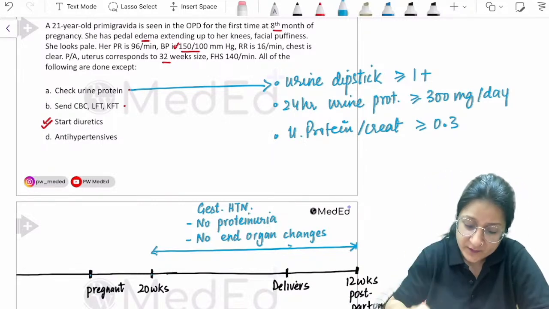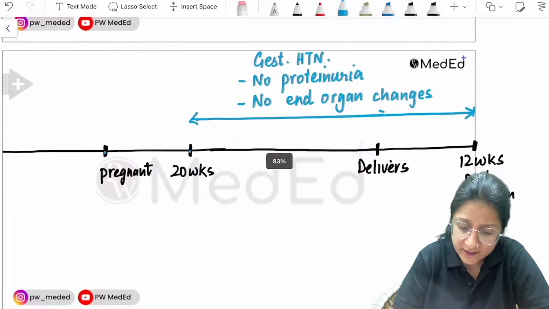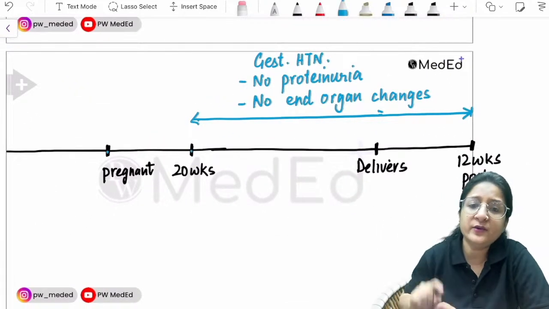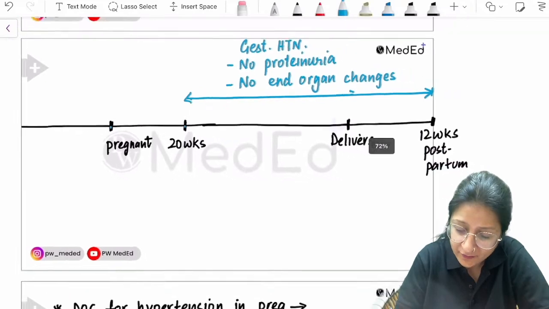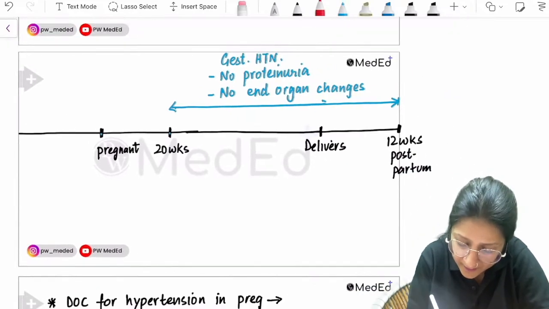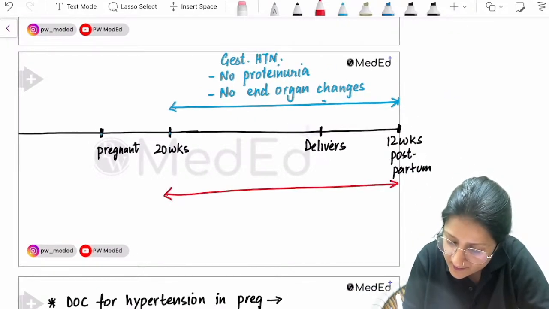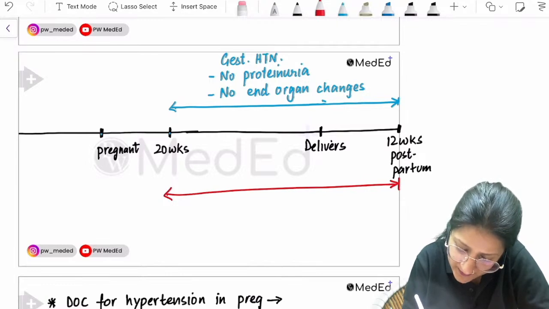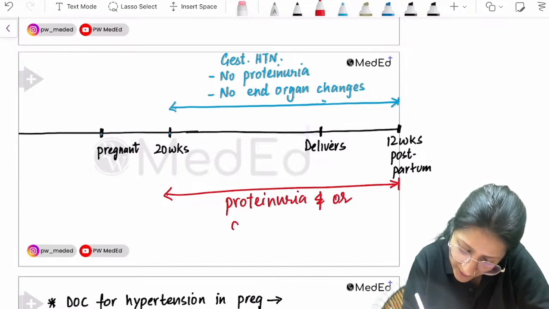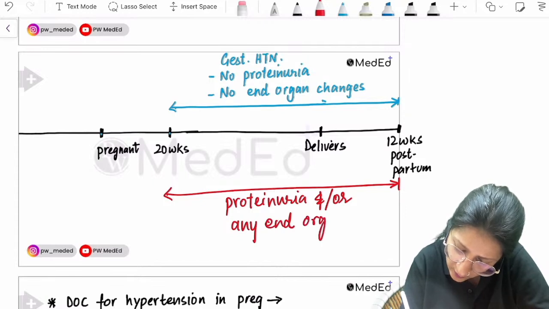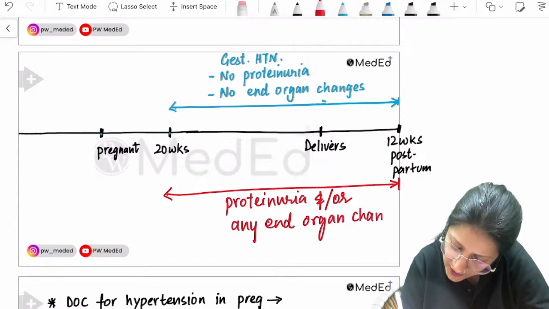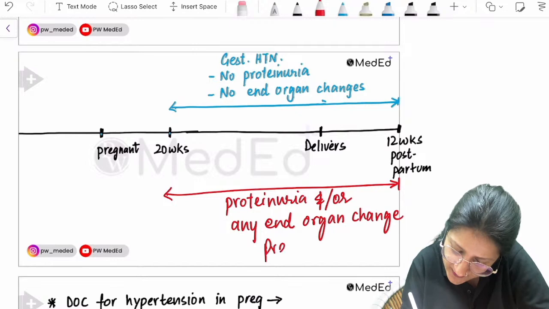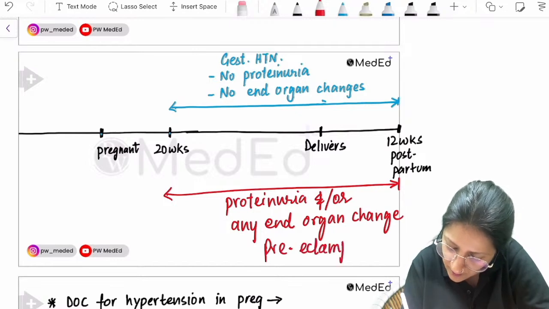Right? So your situation here: gestational hypertension, no proteinuria, no end organ changes. If we find a situation where there is proteinuria and or any end organ change, we call it preeclampsia.